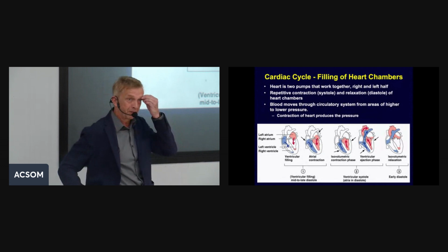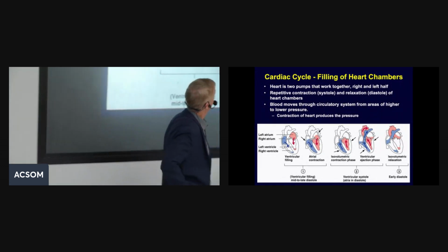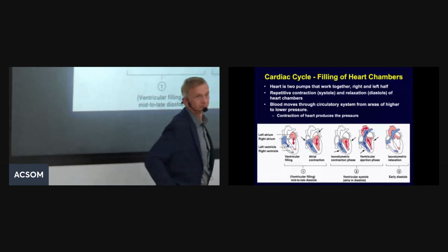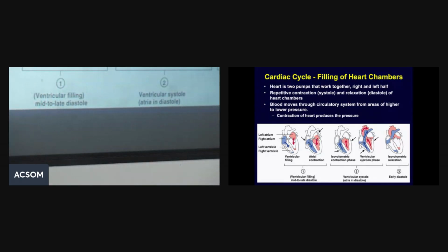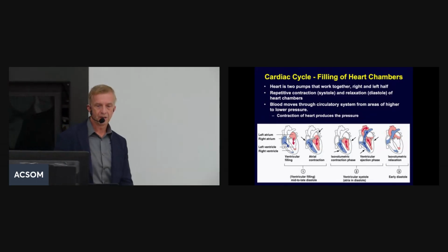So it's isovolumic, right? So the volume doesn't change, and all valves are closed, right? It starts off. So the initial phase of the systole, ventricular systole, the valves are closed.